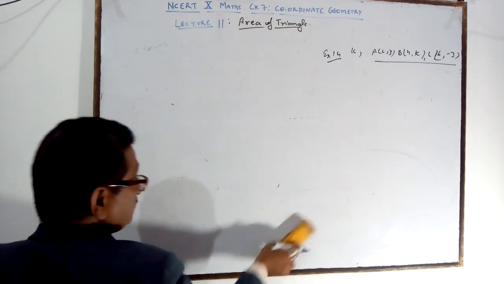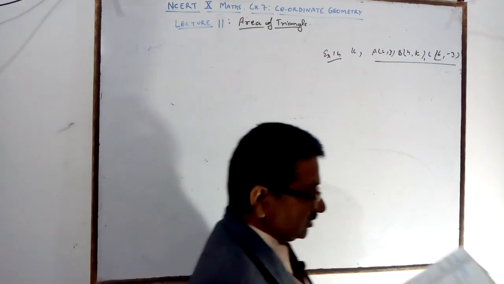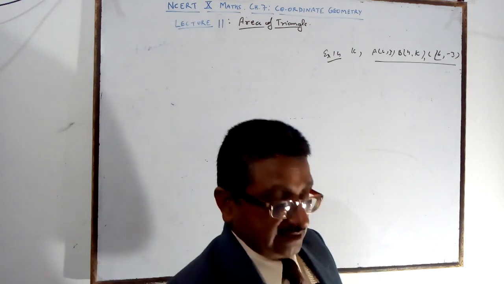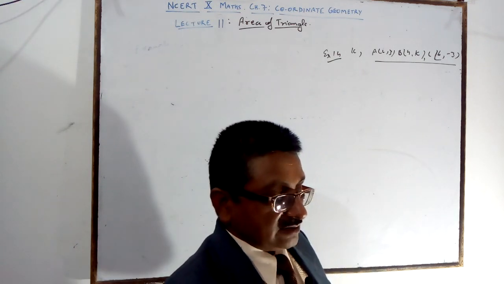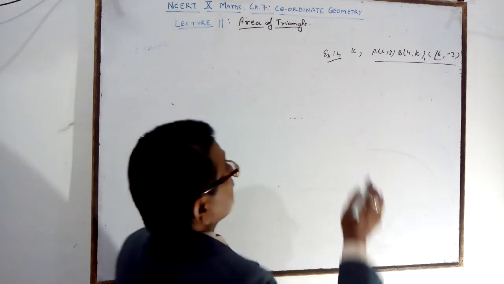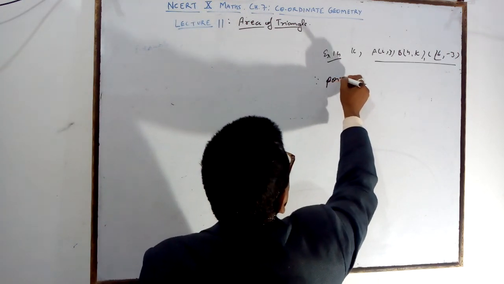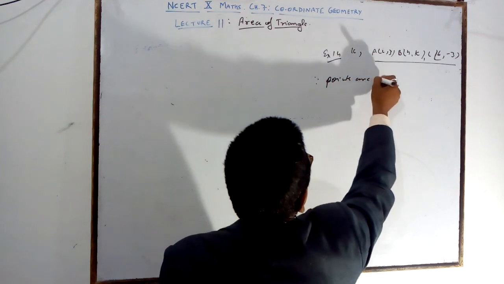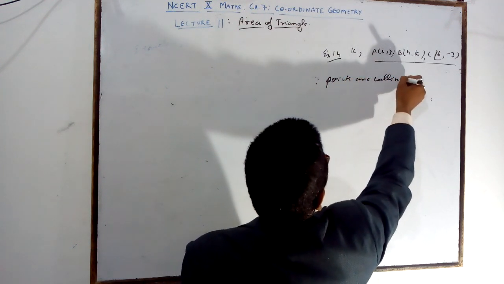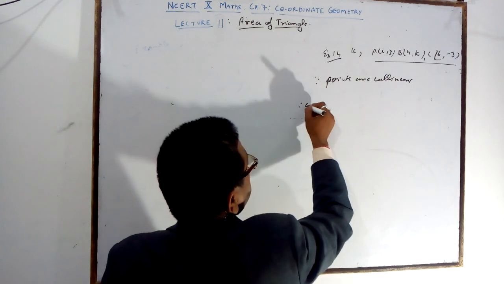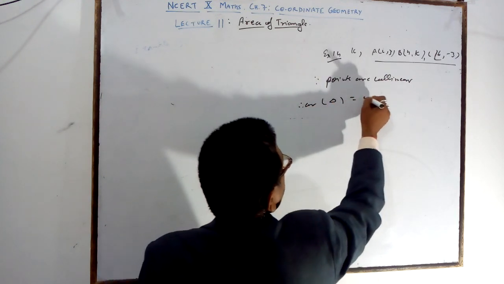It means, as you have just now seen, it is a rule: if area of triangle is 0, then its vertices are collinear. So find the k, since points are collinear, area of triangle is equal to 0.